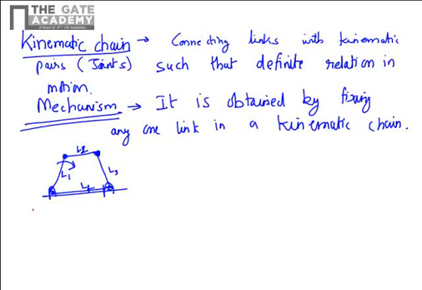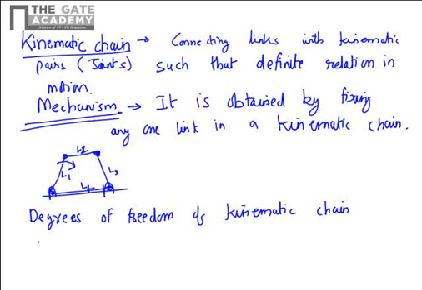So now we will come to a very important topic from the gauge perspective, which is related to kinematic chain, that is determining degrees of freedom of a kinematic chain. It is also called mobility in some textbooks, mobility of a kinematic chain.